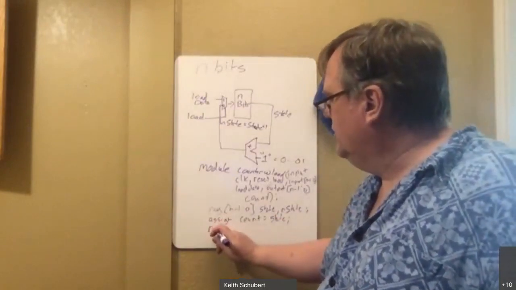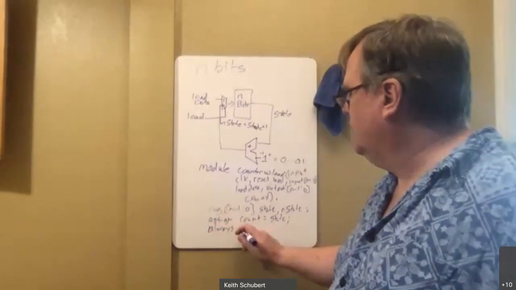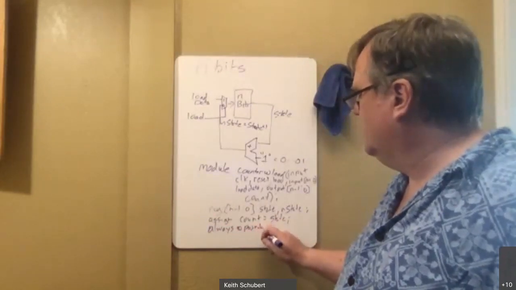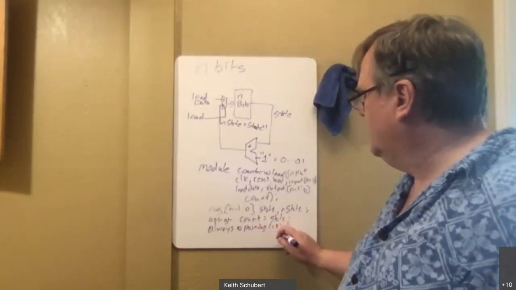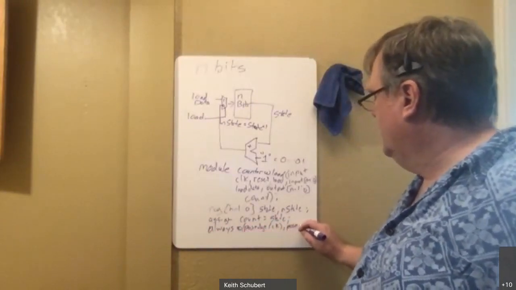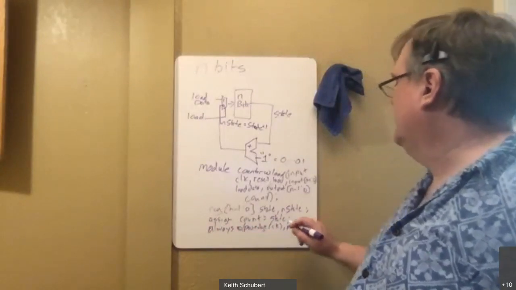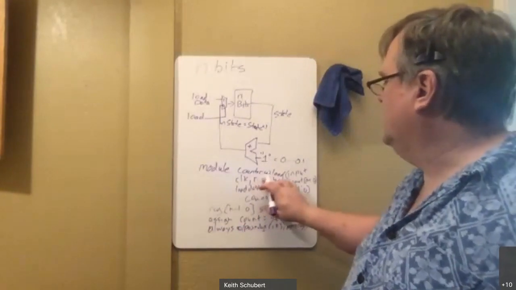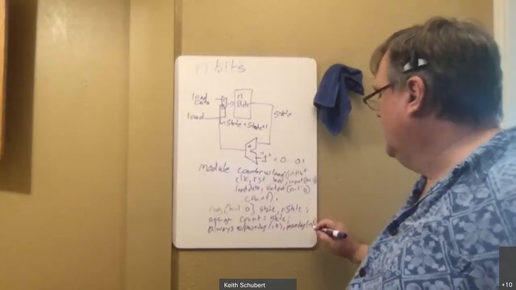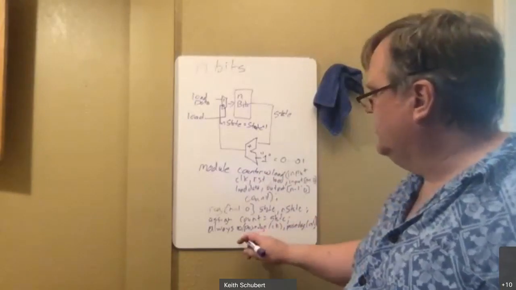And then I would just do always at pos edge clock. And in this case, I think I was doing positive the reset too. So pos edge of reset. Let me do RST because it'll fit on my line better. So always at pos edge clock and pos edge of reset.